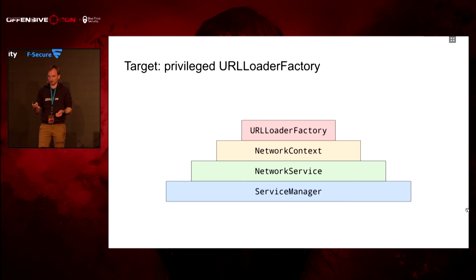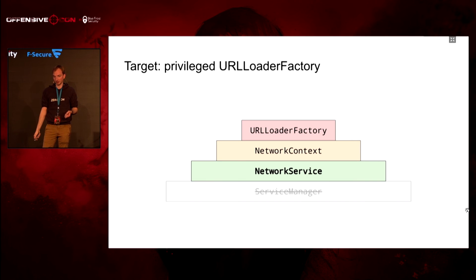Similarly, with the network service, we can create a new network context. If we leak a connection to the service manager, you get the idea. Except that the last one doesn't work anymore: in the middle of me writing the exploit to target the service manager, they changed that. So now I'm going for the network service again in my final exploit.